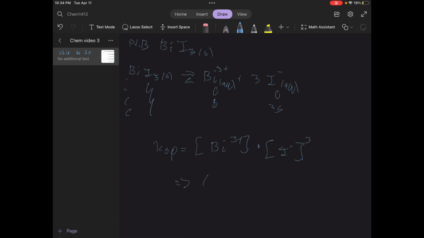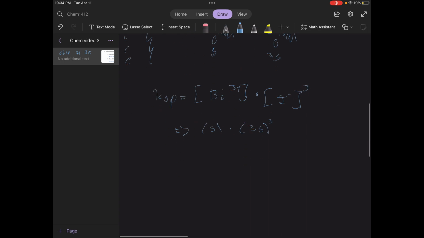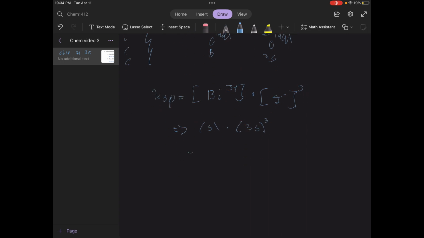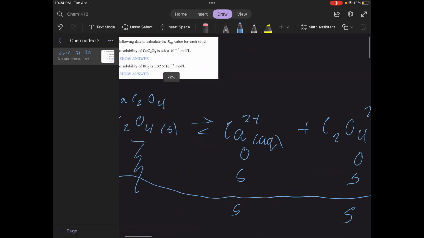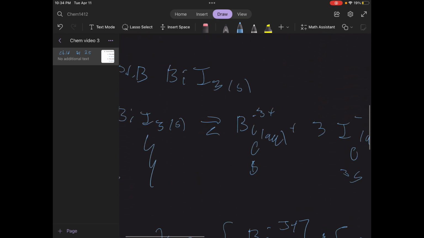And we start plugging in our values here. We get S times 3S cubed. Then right here we could just plug in our values, where we know our S for BiI3 is equal to 1.32 times 10 to the negative 5.